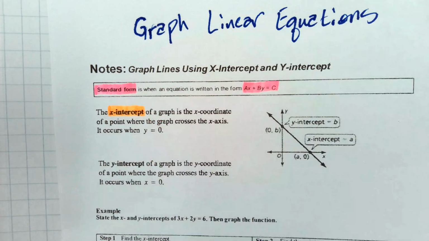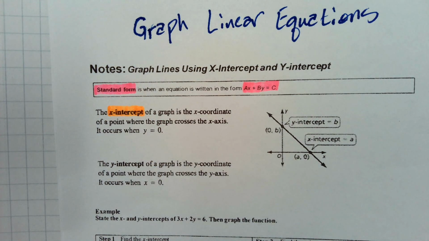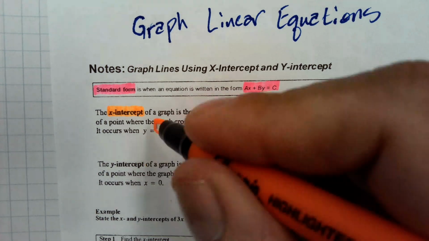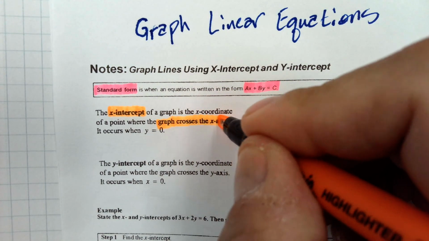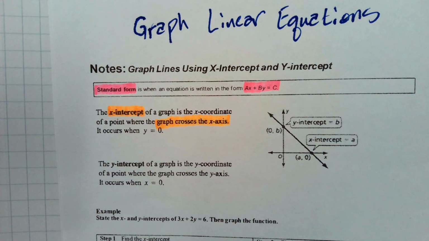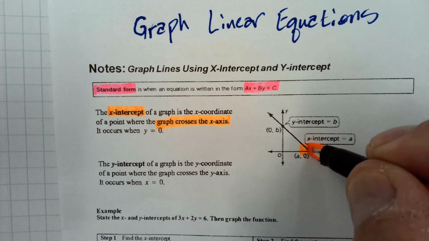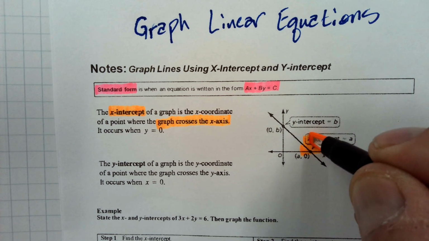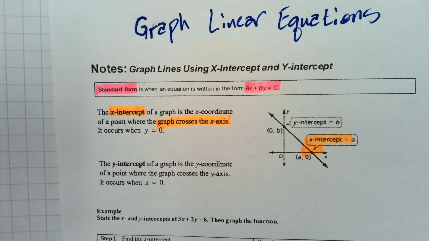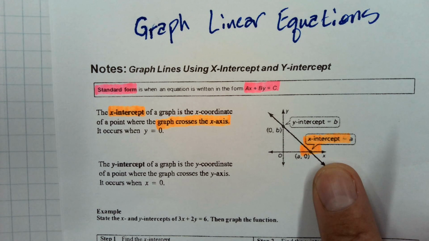So the X-intercept of a graph is where the graph crosses the X-axis. I'm going to highlight that. If we're looking at this little model over here, you see this point here where this line crossed the X-axis? That's the X-intercept.